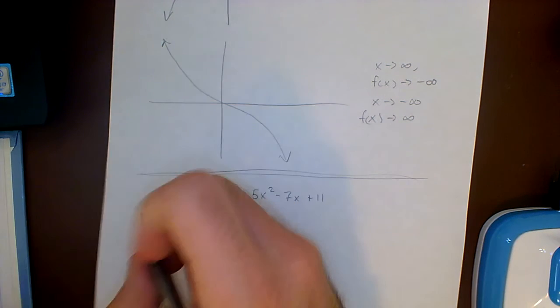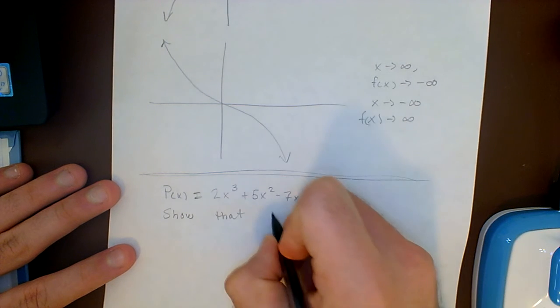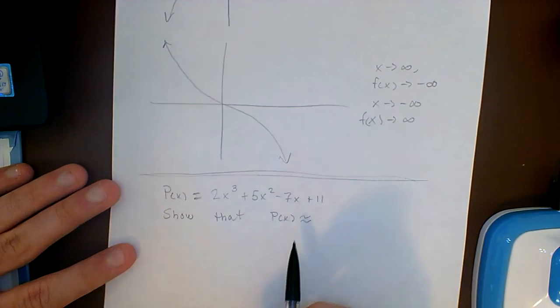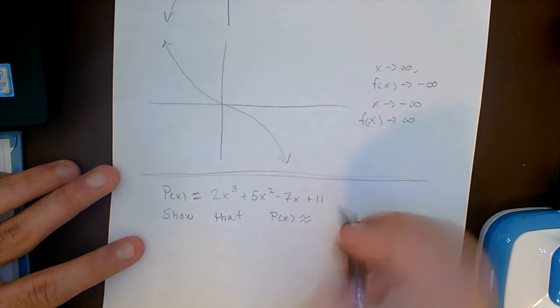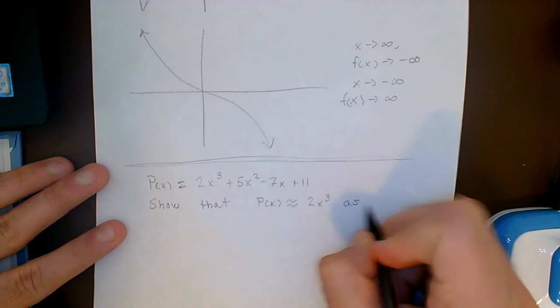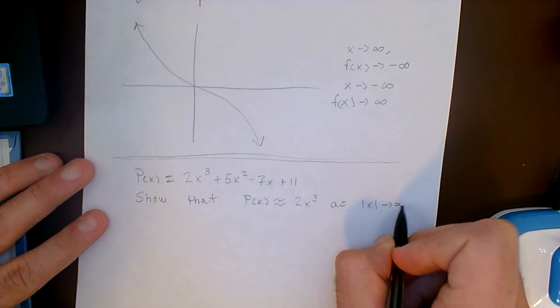So they say show that p of x, I don't know if you've ever seen that before, but a squiggly equal sign means approximately or behaves like 2x to the third as the absolute value of x goes to infinity.